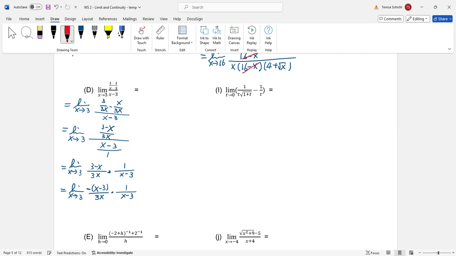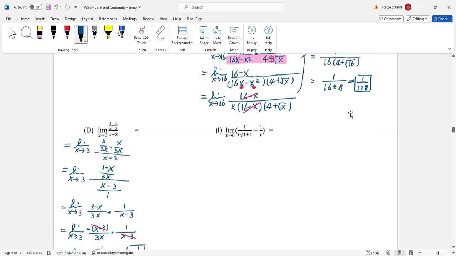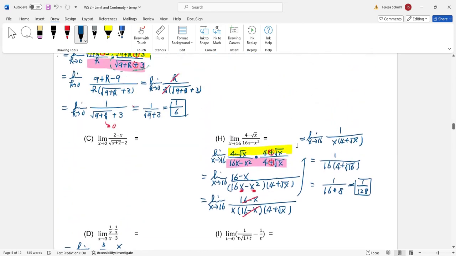Then you will see this one cancels. So your answer will be the limit as x approaches 3 of negative 1 over 3x. So what is the final answer? Negative 1 over 9, right? So when you see a fraction, most likely what you will do is try to combine it.